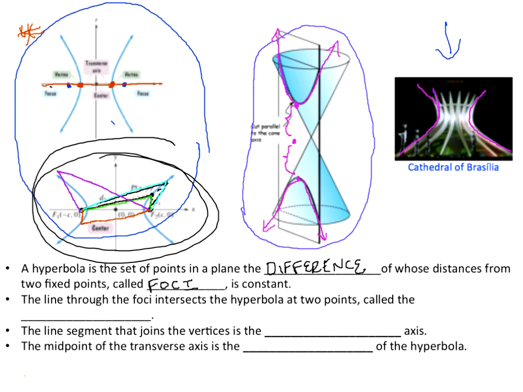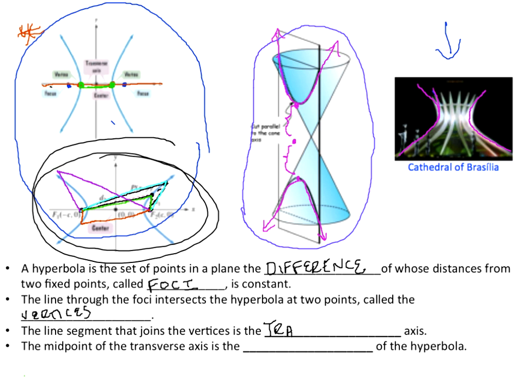And those 2 points, as you would suspect, are called the vertices. The line segment that joins the vertices, right here, that is called the transverse axis.